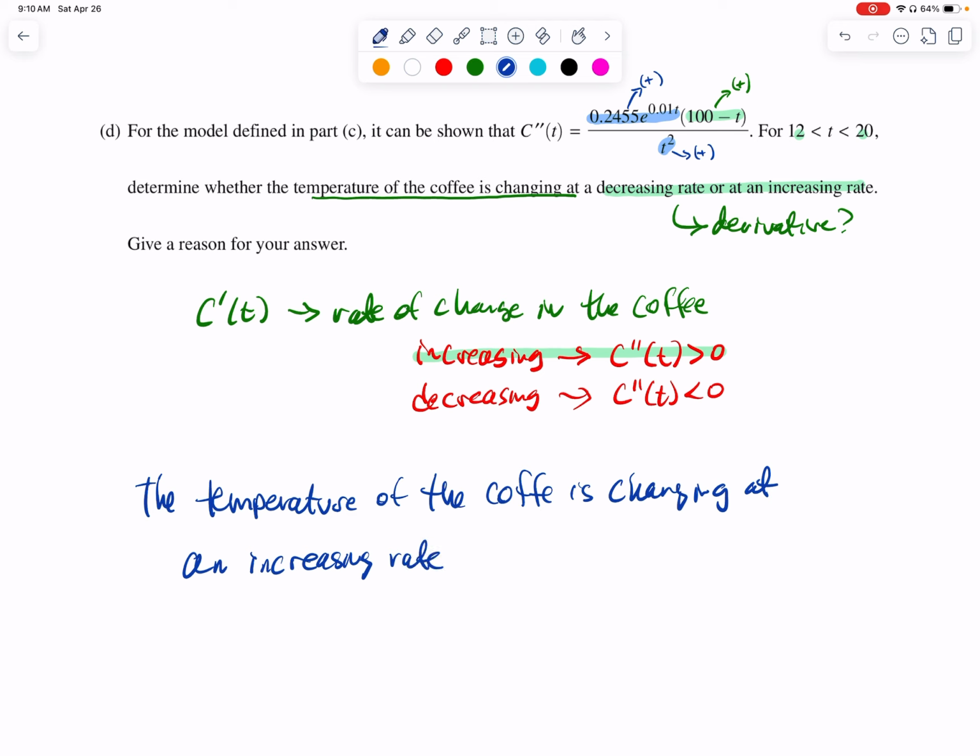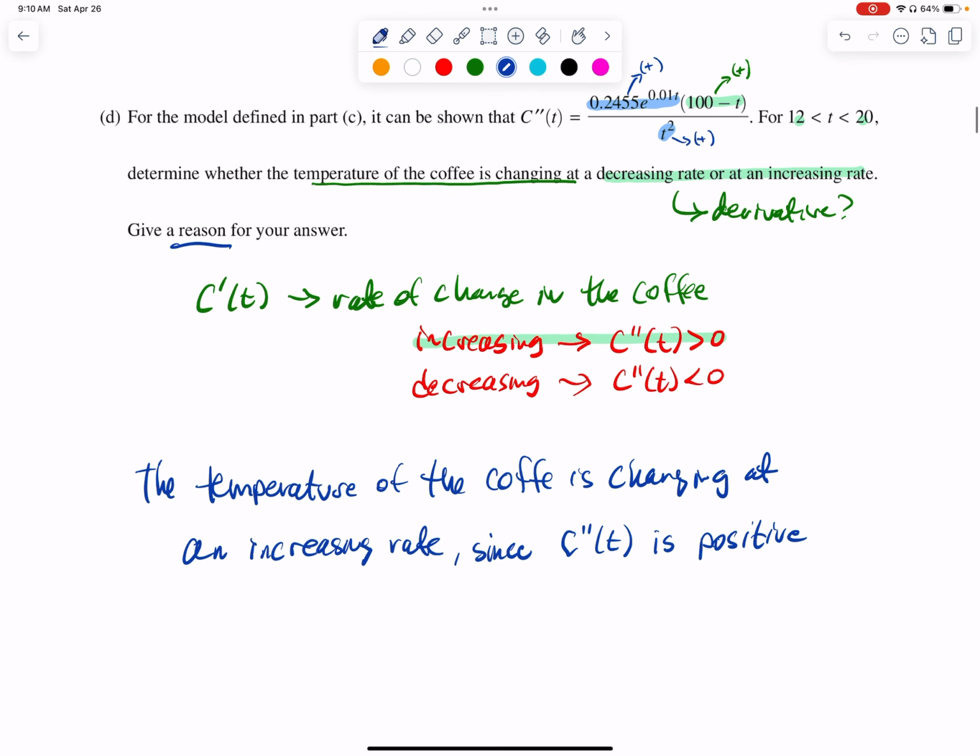That's not good enough because it says give a reason, so we have to give a because or a since. Since C double prime of T is positive, and I'm going to cover my bases by saying where it's positive. I don't ever want to say something at a single point.